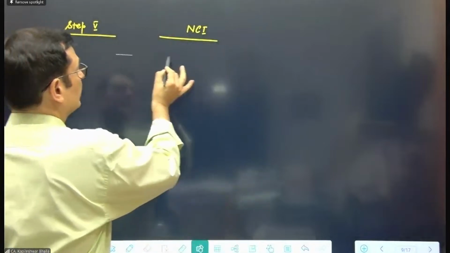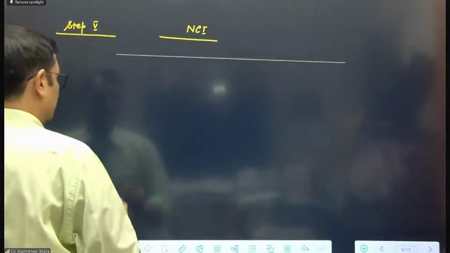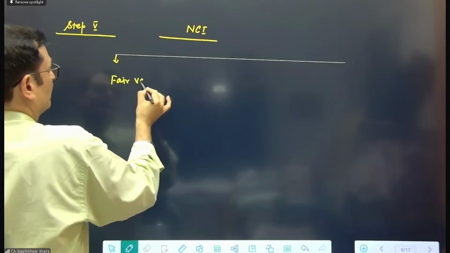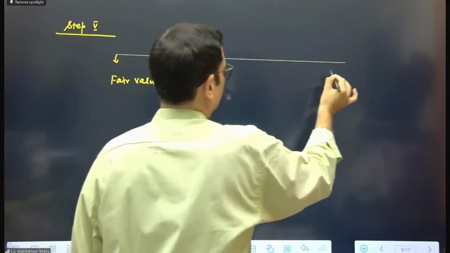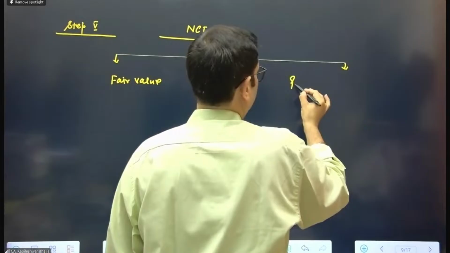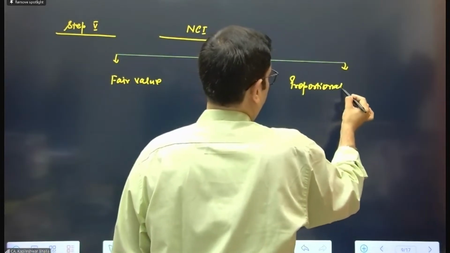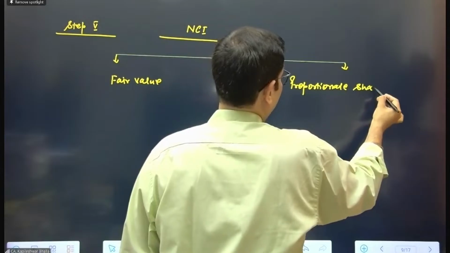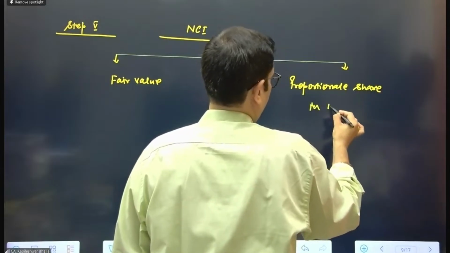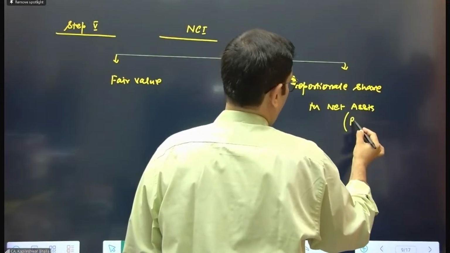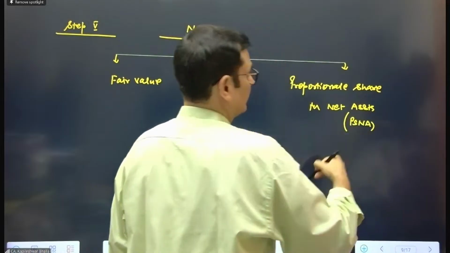So the company gets a choice of either considering the NCI at fair value, or you would consider what is called proportionate share in net assets. That is what we call in short PASNA, proportionate share in the net assets.